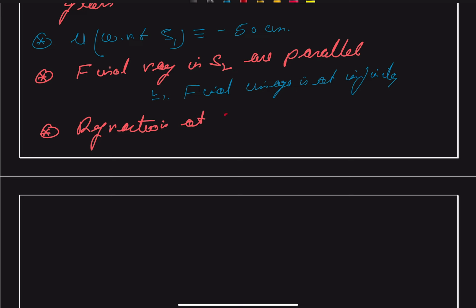Refraction at S1, and we can use the formula directly: n2 upon v minus n1 upon u is equal to n2 minus n1 upon R. We substitute the values and we get 1 upon v minus 1.5 divided by minus 50 is equal to 1 minus 1.5 divided by minus 10.